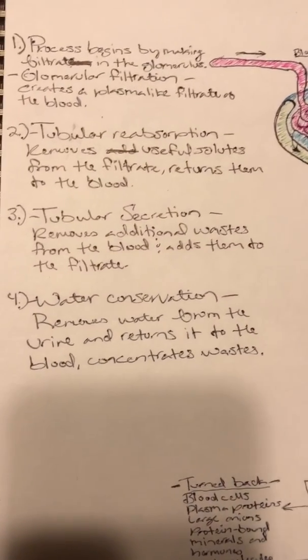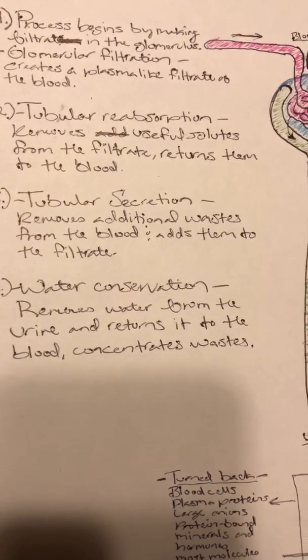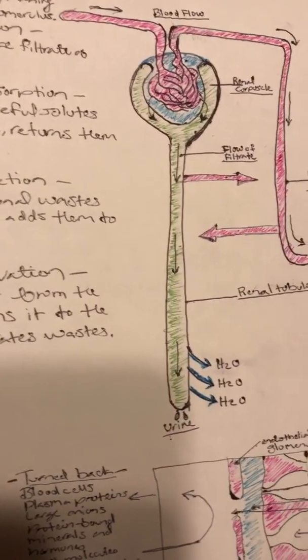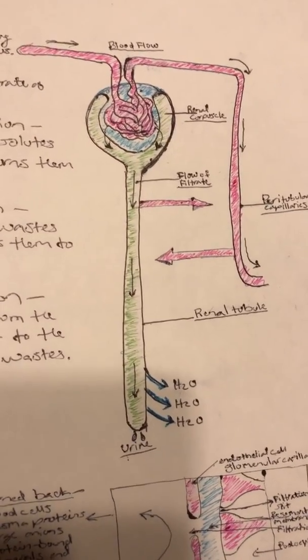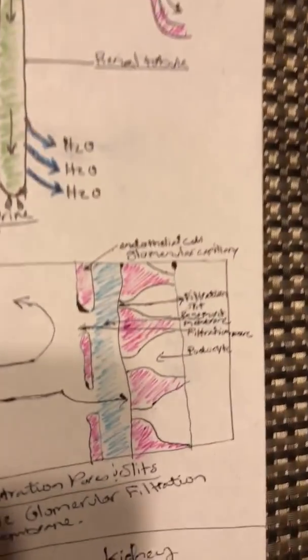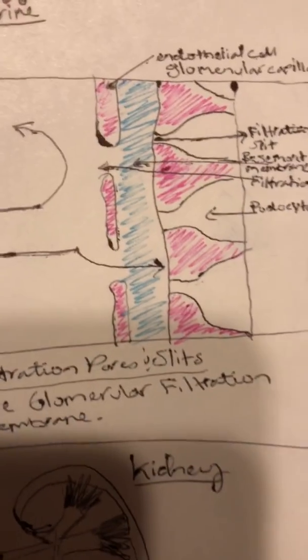The second step would be the tubular reabsorption. In the proximal convoluted tubules, most of the glomerular filtrate is reabsorbed back into the peritubular capillaries. This process is passive and active.